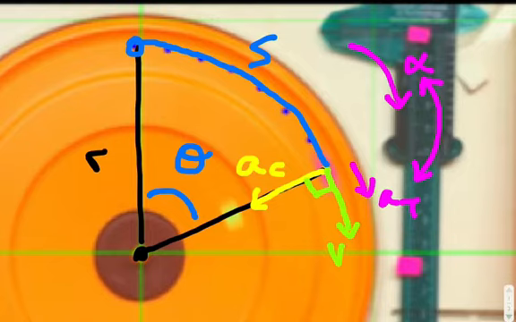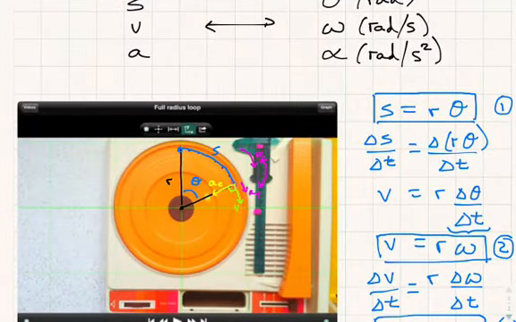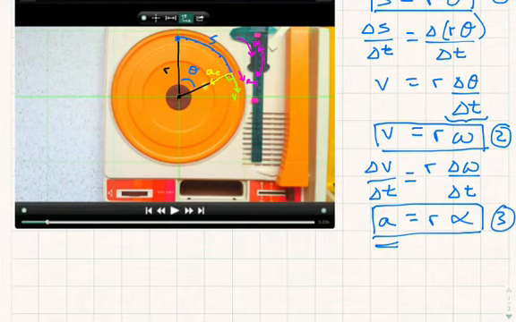The centripetal acceleration has nothing to do with an angular acceleration. So if we wanted to be more complete or more thorough, what we would write is that this acceleration is the tangential acceleration, and it's related to the angular acceleration by this equation, a_t is equal to r times alpha.